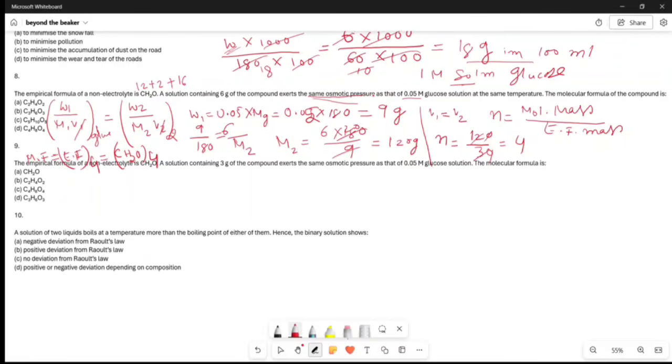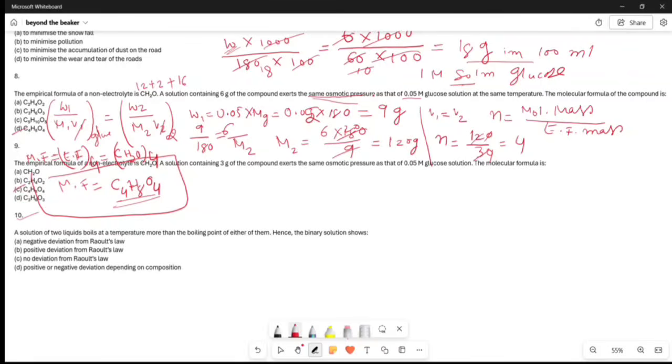So C is 4, H is 8 and O is 4. So the answer is C4H8O4. The option is C, C4H8O4. Next I move to another question.